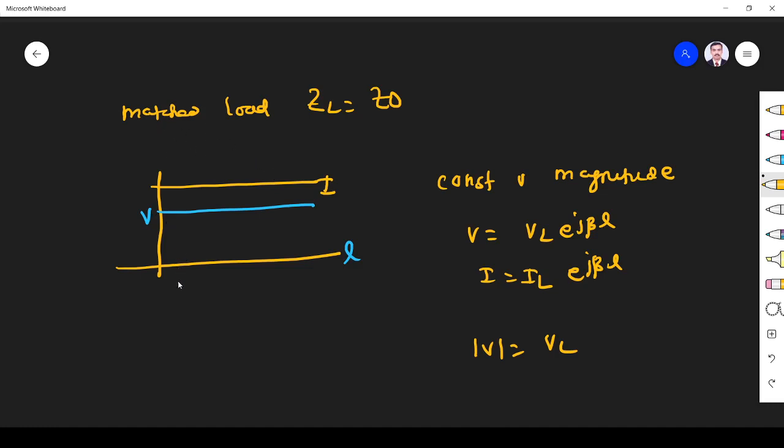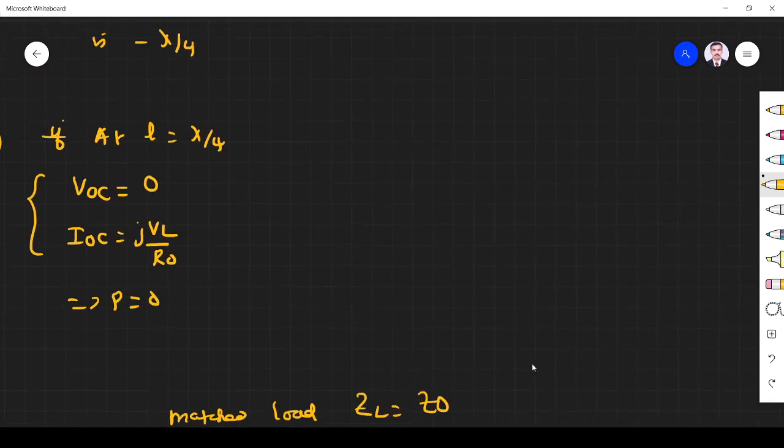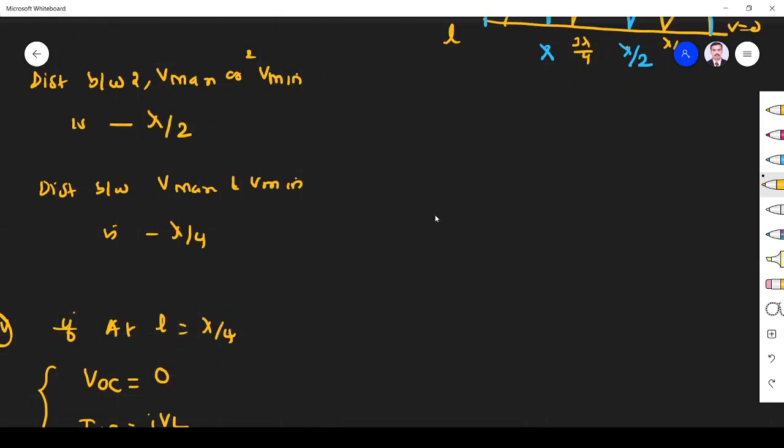At L is equal to lambda by 4, I forgot to mention, what will happen? What is V and what is I?